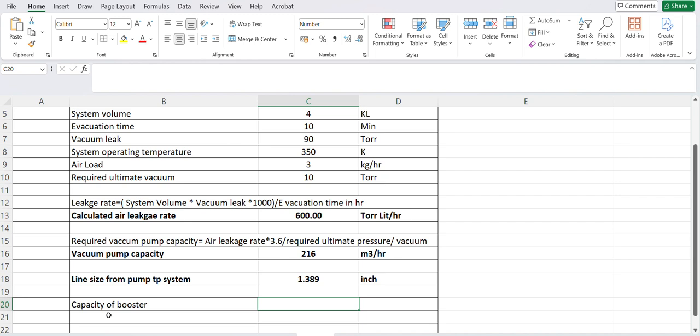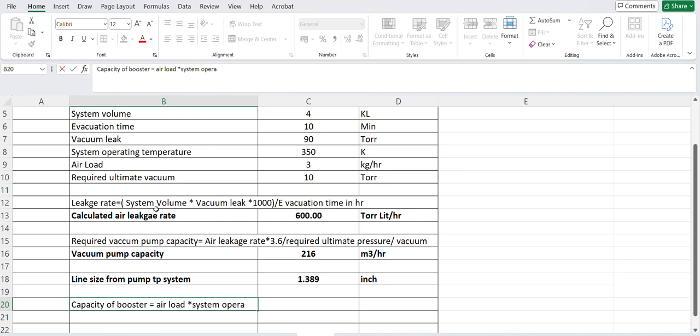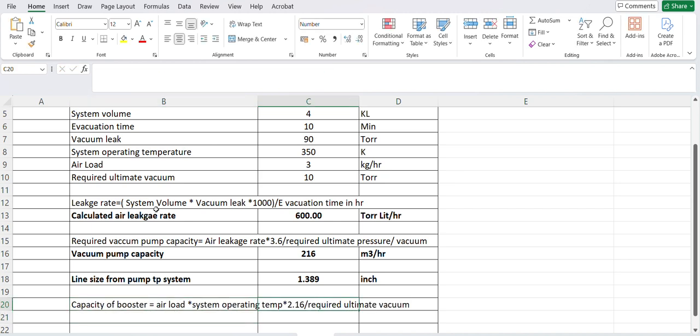It is calculated simply; I'll write down the formula: air load into the system operating temperature, these are our requirements, into 2.16, divided by the required ultimate vacuum.